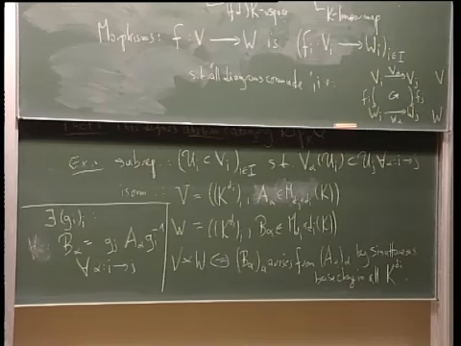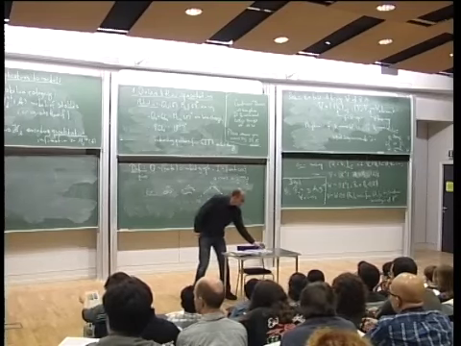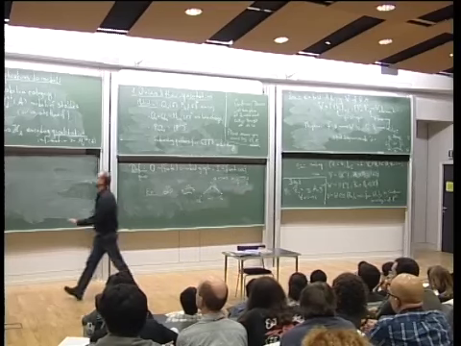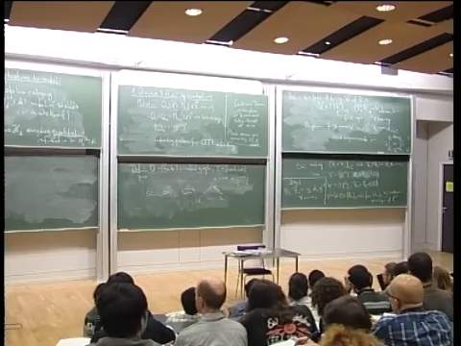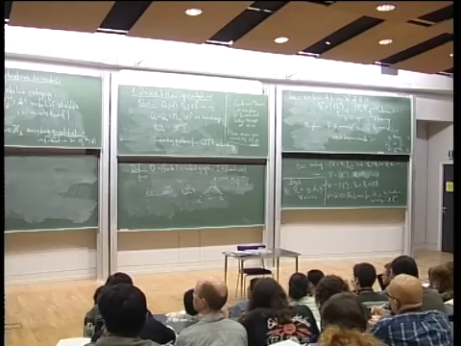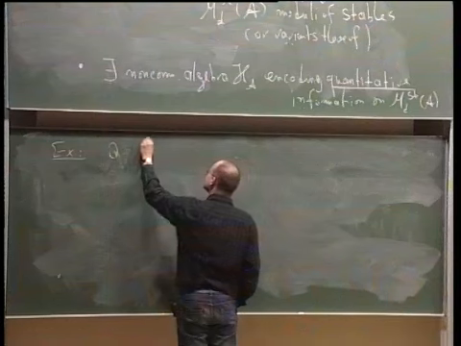Yeah. So examples. Let's do some examples. So let's take as a very easy example the quiver with a single vertex and a single loop.